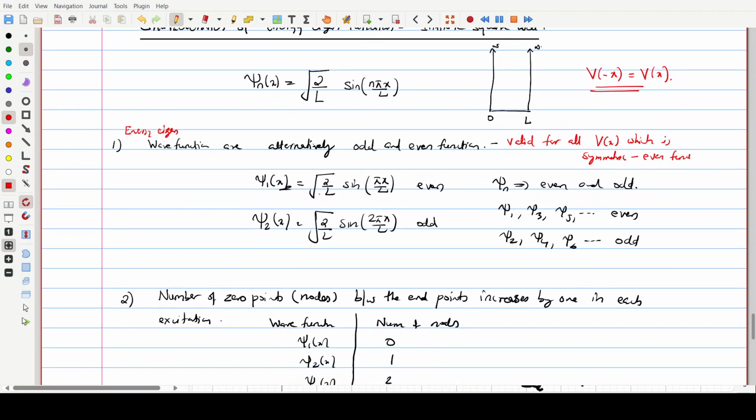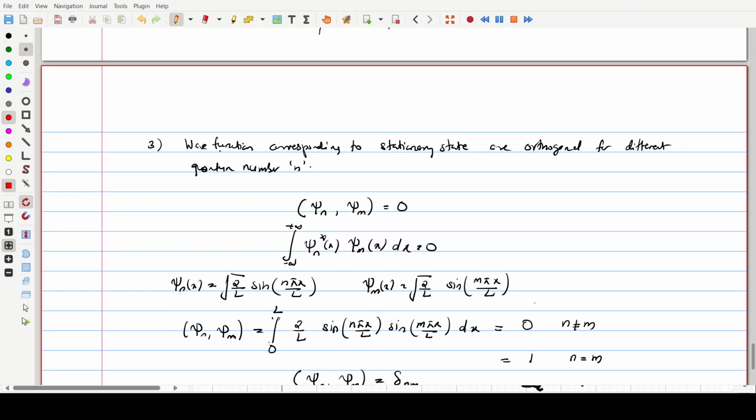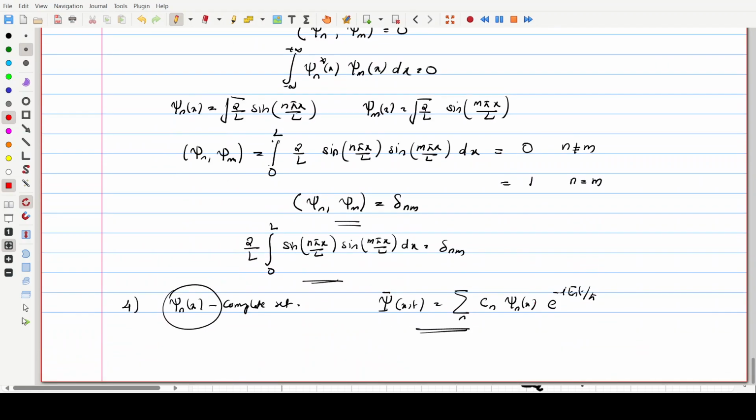And the second point, the number of nodes increases with each excitation. It is also valid for all potentials, not only for symmetric potentials. The third point is also valid for all potentials, because it is a general statement, and the fourth one is also for all potentials.